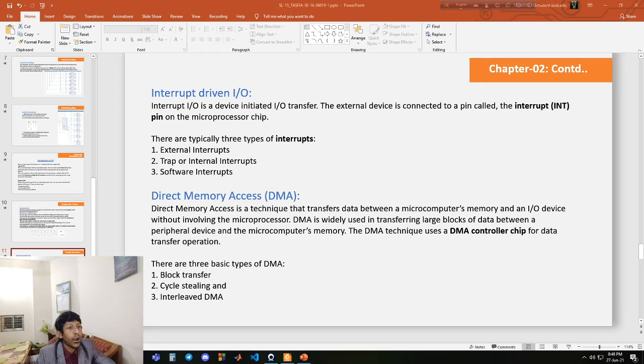Interrupt driven I/O is executed by interrupt pins in the microprocessor chips. Suppose a program is already running on the microprocessor, meanwhile another input is given. This is called interrupt driven I/O, and it is executed by an interrupt pin. There are three types of interrupts: external interrupts, internal interrupts, and software interrupts.